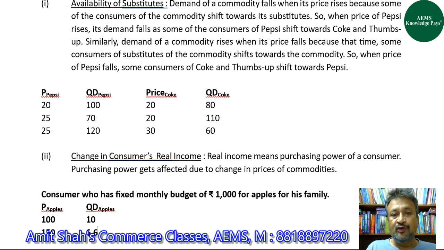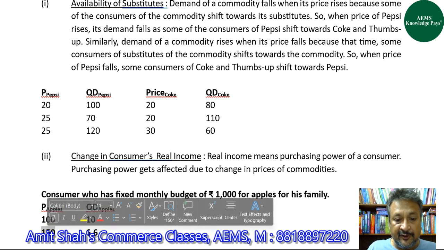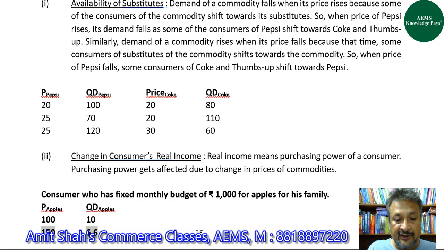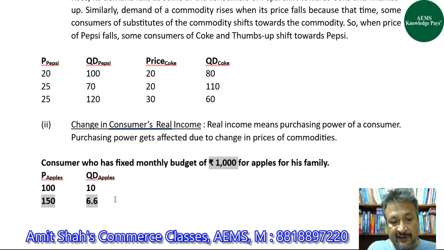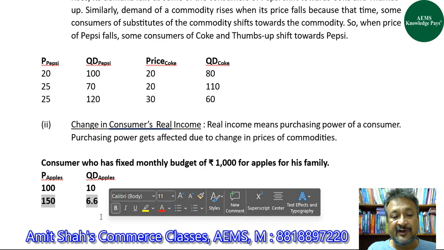See, consumers' actual income has not changed. It is just because of change in price of apples that now he can purchase only 6.6 kgs because his budget for apples is fixed. And this is what is actually purchasing power. So with rise in price of apples, purchasing power of this consumer has fallen.